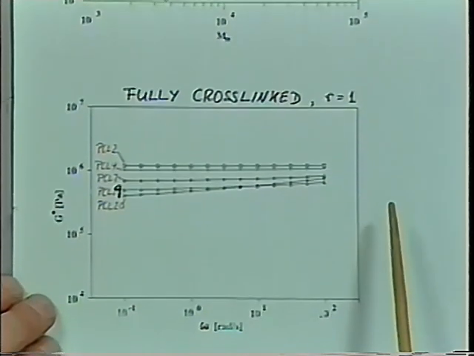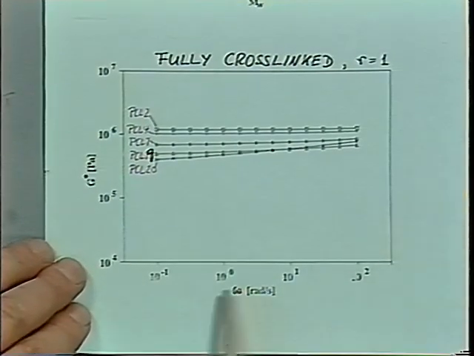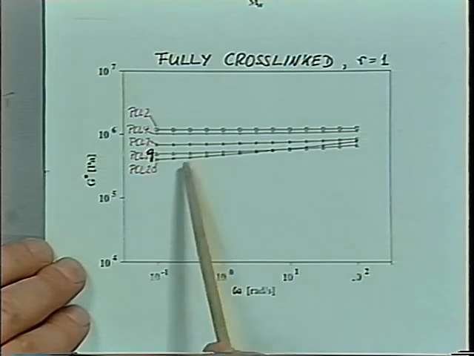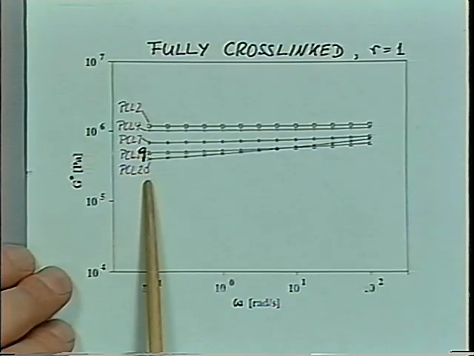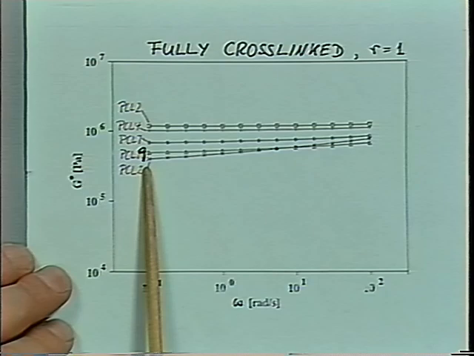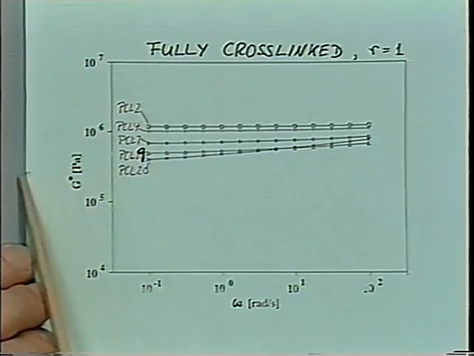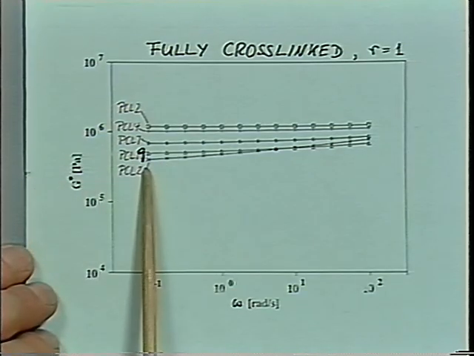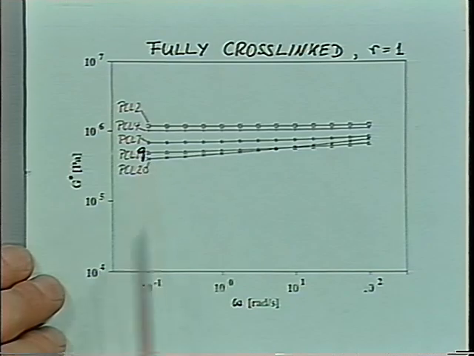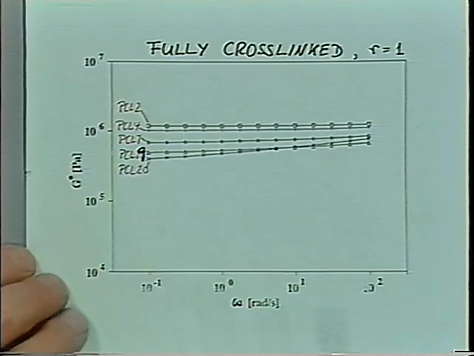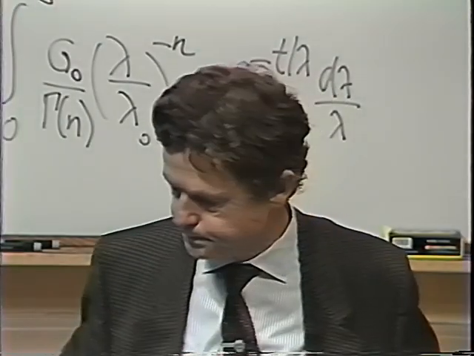And the modulus of the fully cross-linked system depends on frequency, shown here, and we took the value at the lowest frequency. We really should have the value extrapolated to zero frequency. So as close as we can get, we took the lowest value. And it's probably a pretty good estimate of the equilibrium modulus.